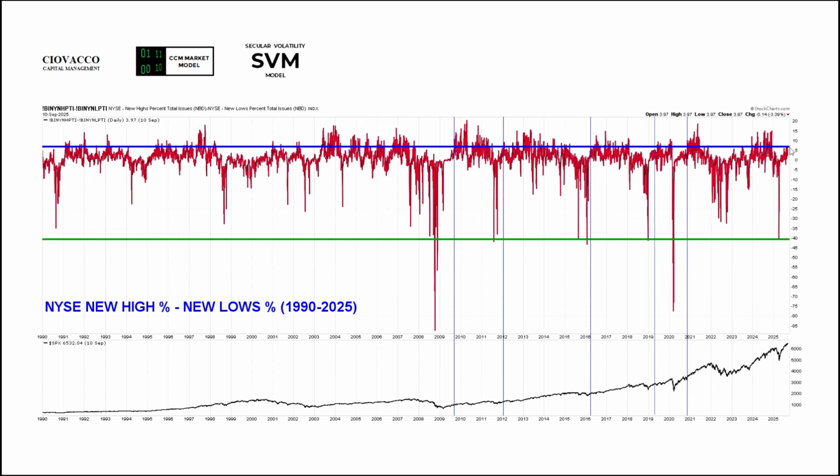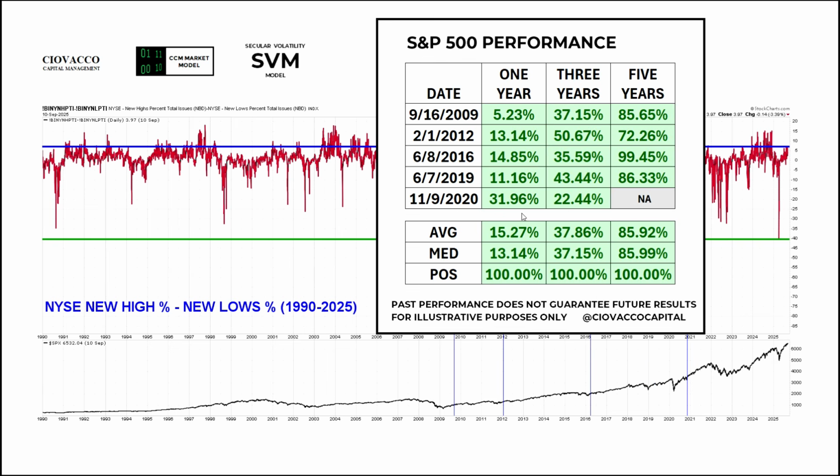This is the past action of some traders in 2025, driving this data set from the lower green line to the upper blue line. Historically, the subsequent actions of other traders and other investors push the market higher.